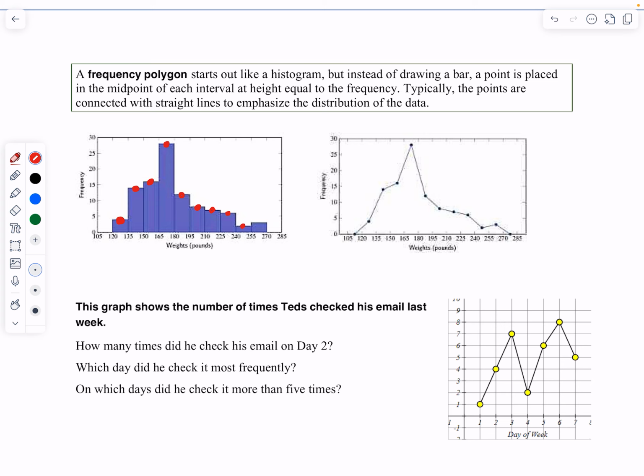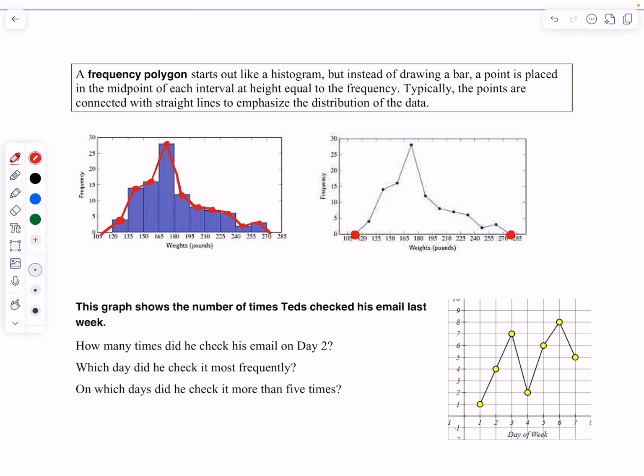And then we connect the dots, right? We're connecting them together. And by the way, when you do what's called a frequency polygon, the values have to start on the x-axis and end at the x-axis. So see how they're touching.